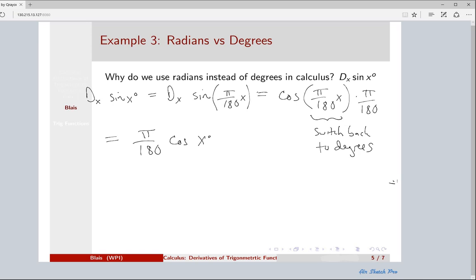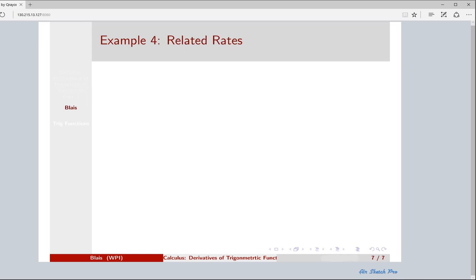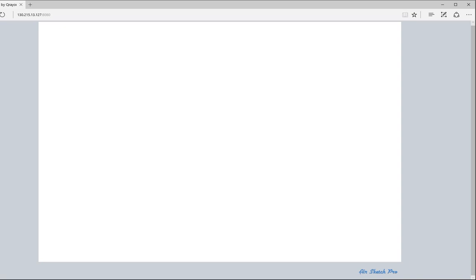Let's do another example. Suppose that we have y equals x squared times cotangent of x cubed, and we want dy dx.